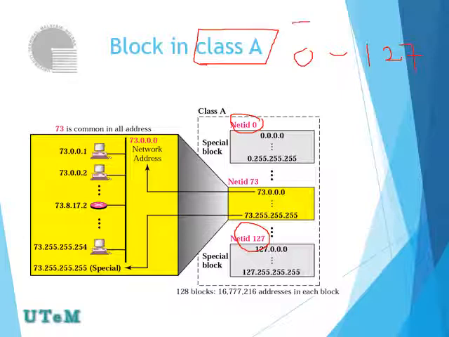In total we have 128 blocks, from block 0 until 127. Block 0 is from 0.0.0.0 until 0.255.255.255. The first octet represents the net ID, because this is class A, and the first octet must be the same.